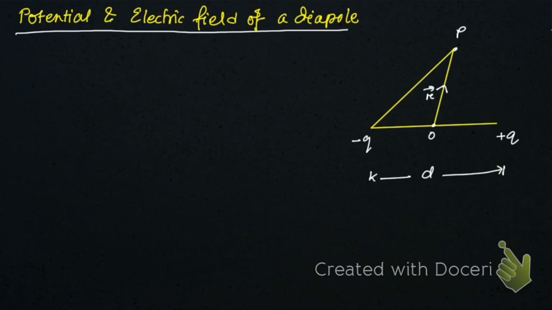At a distance of r1 and r2 respectively from these two charges, plus q and minus q. So P is at a distance of r1 from the positive charge q, and at a distance of r2 from the negative charge q. Here this angle is suppose theta, and here this distance is d by 2, right? And the axis of this dipole is along, suppose, the x-axis, right?